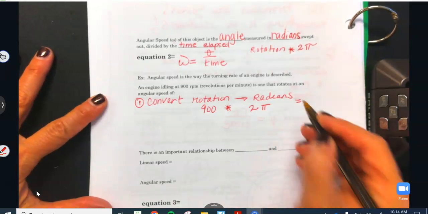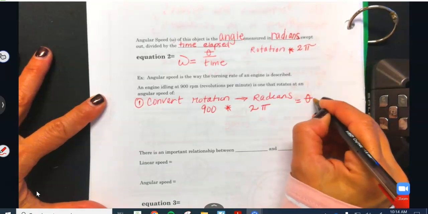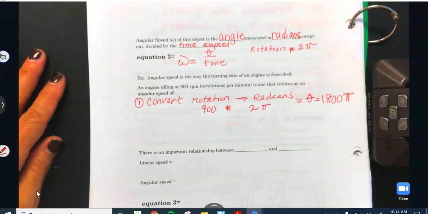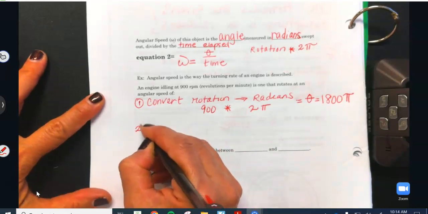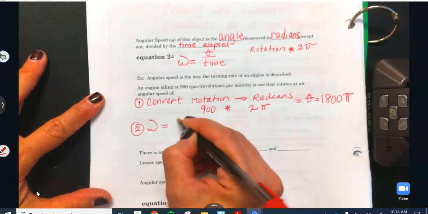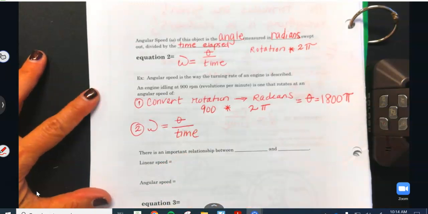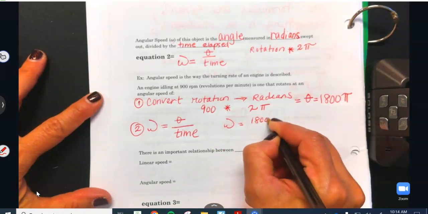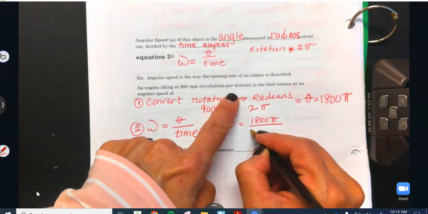So we have a radians angle measure of 1800 pi. Now, remember to find angular speed, we're going to use our little formula. You just divide by time. So angular speed is going to be 1800 pi per minute.